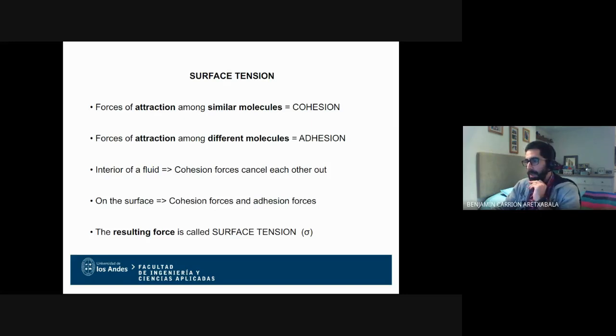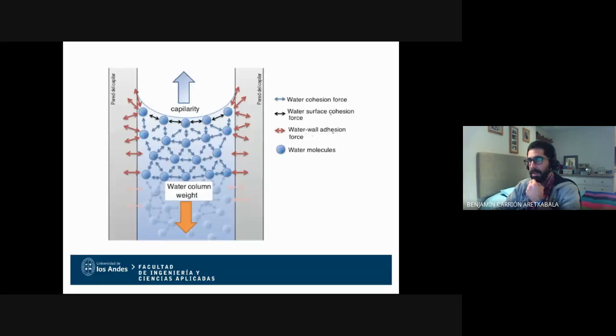Okay, and the surface tension is a bit different from the forces that we've been talking about, because it's a force per unit of length. It's not a force per unit area, it's a force per unit length. So how it works depends on the length that it acts on. Here is a typical example.